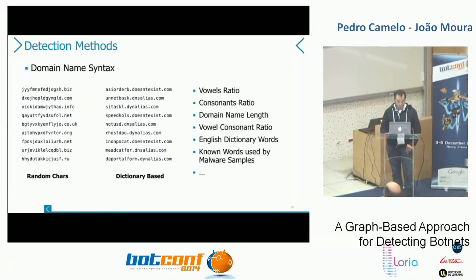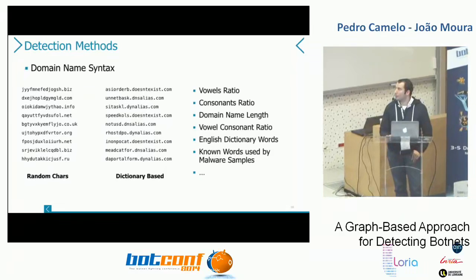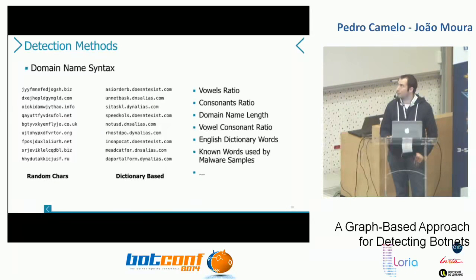On the DGAs, as I told before, we have two types, random and dictionary based. I won't be detailing the attributes that we used on the classifiers that we'll talk about after some slides. It will be in the paper that will be published on the BotConf website.